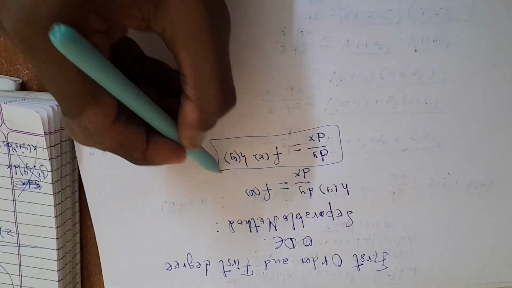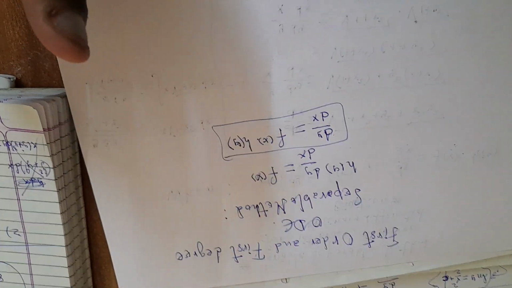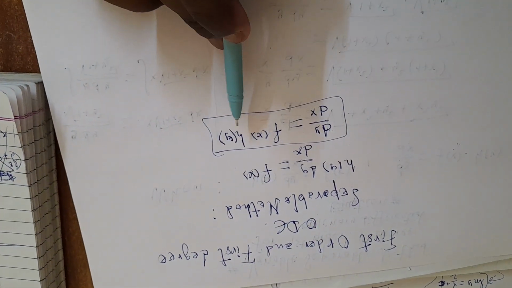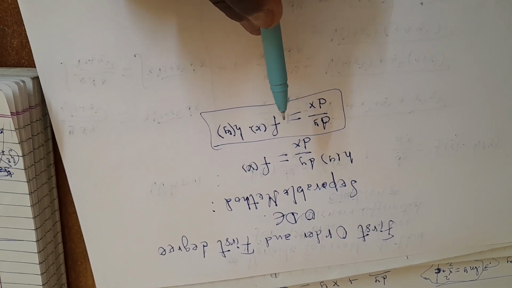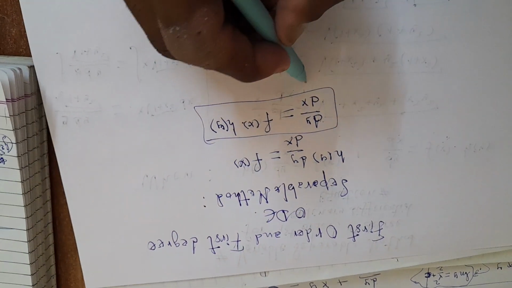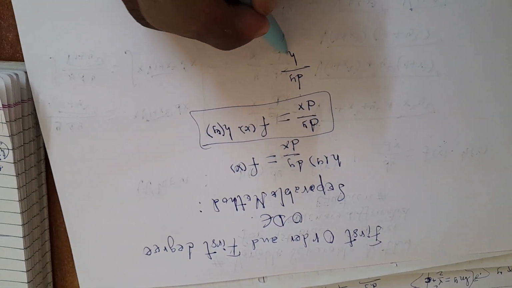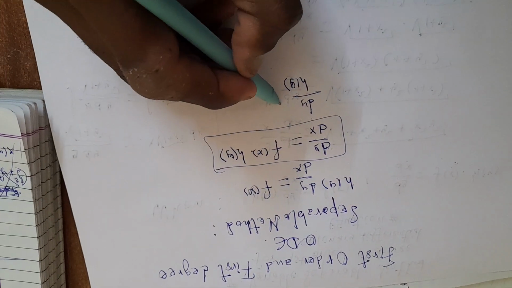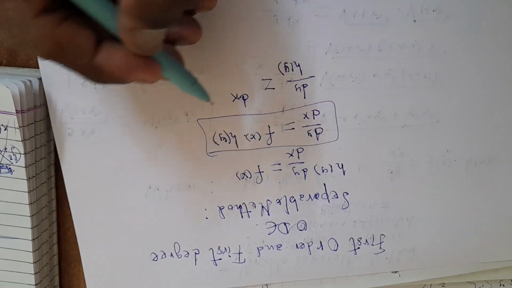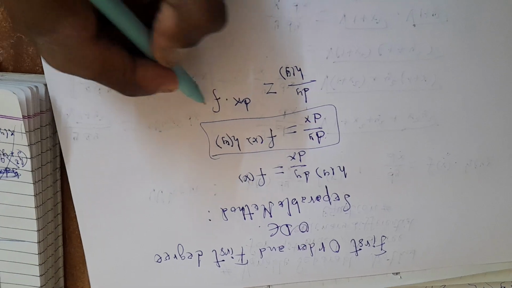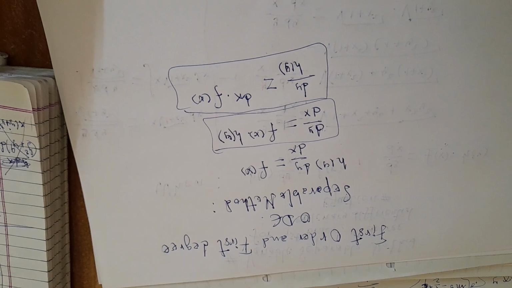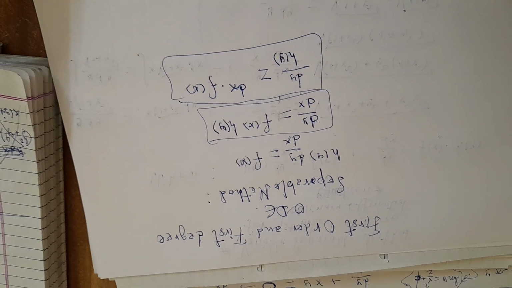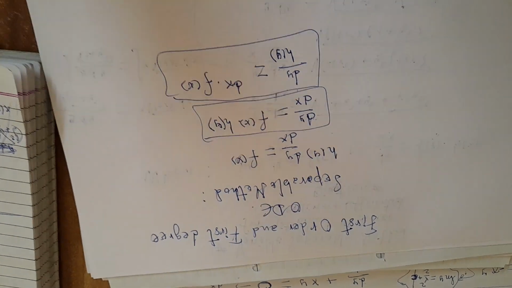As long as you can write the function in this form, so that it will allow you to separate dy with the function h of y and dx with the function of f of x, then we can say that this is a differential equation that can be solved with the separable method.